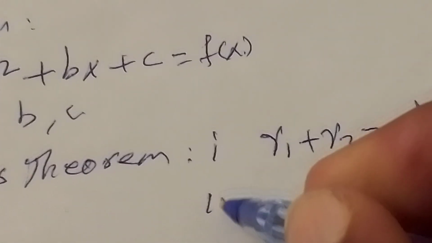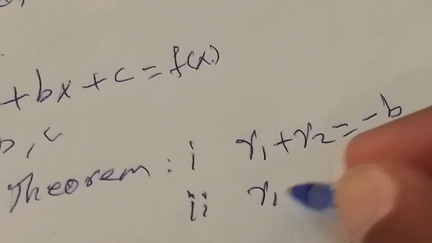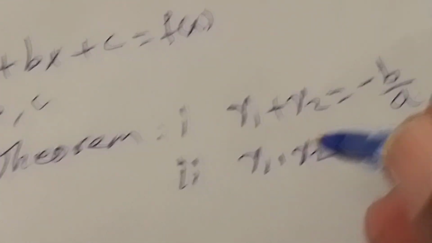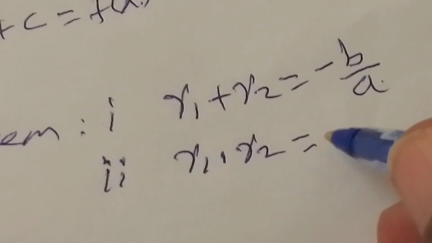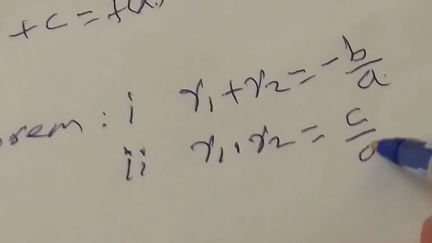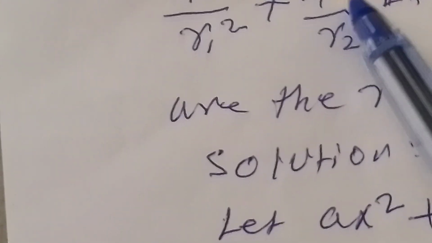And the second, the product of the two roots, r1 times r2, is equal to c over a. Then how can we calculate 4 over r1 square plus 4 over r2 square?